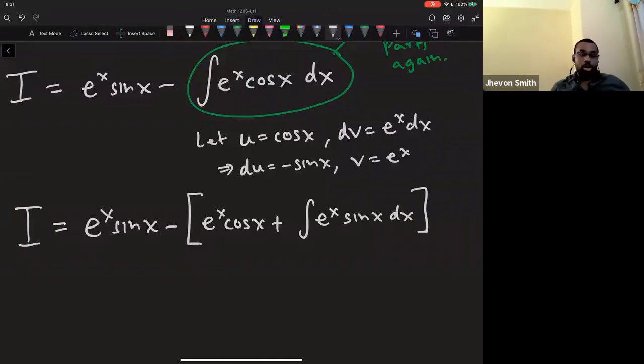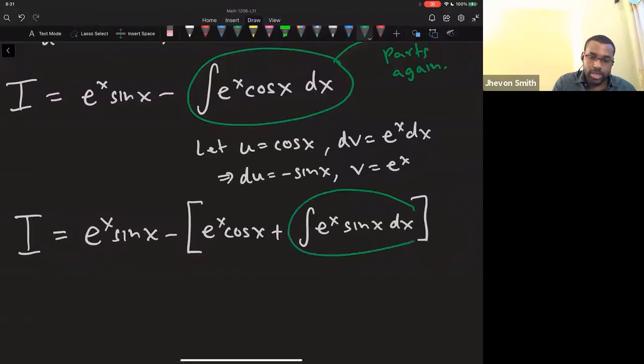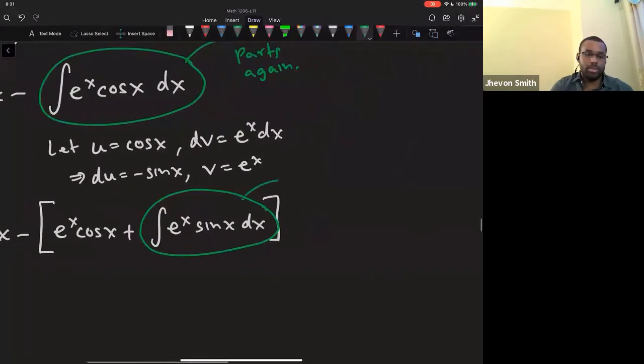And so now you have a new integral and you're going to be like, all right, so we want to do this guy. And something you're going to realize about that guy is that that's actually the original integral. So you might think integration by parts again.